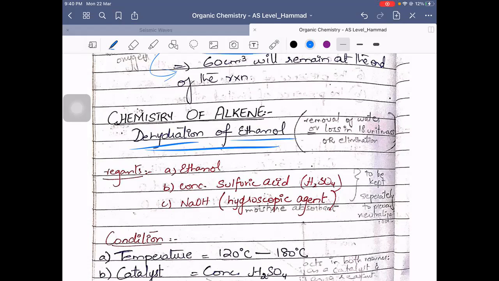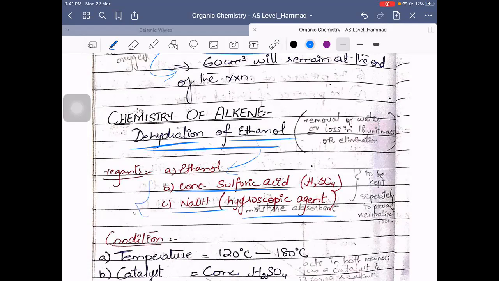Since we are talking about ethanol, our reagents should be ethanol, concentrated sulfuric acid, and NaOH. NaOH is a hygroscopic agent, which means a moisture absorbing reagent.